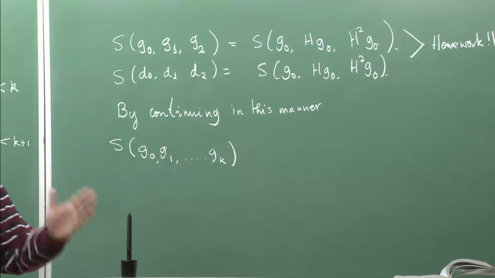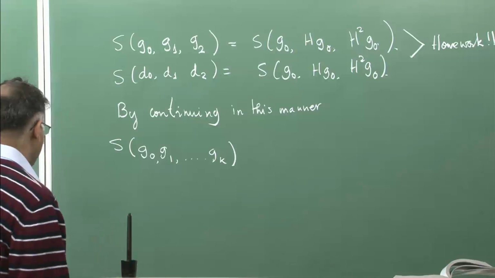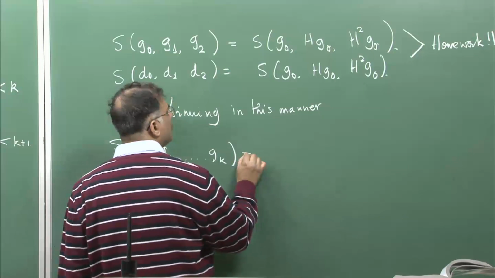So, our result is up to k, we do not know what is there in k plus 1, that is exactly what we have set out to prove.